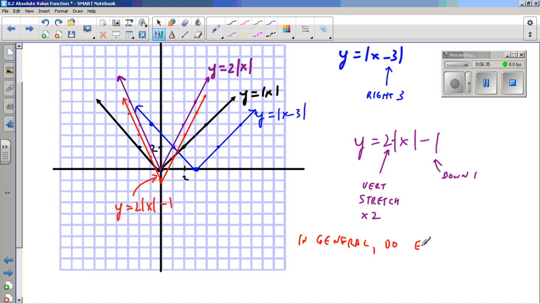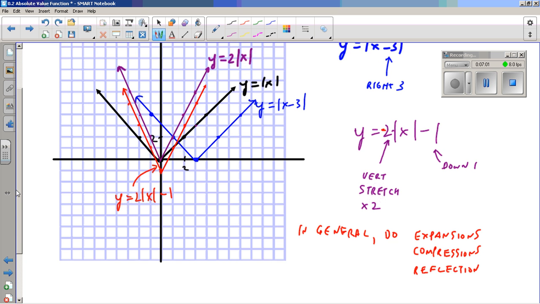So in general, do expansions or compressions, the stretches and squishes, or reflections, right? What do I mean by reflection? Remember, if this was a minus, then the V shape would open down, be flipped over the x-axis in the direction of y, and be flipped down.